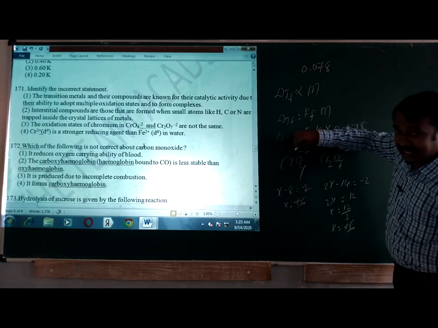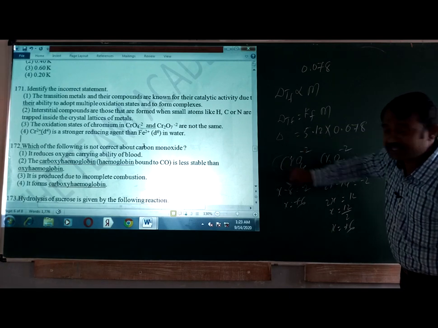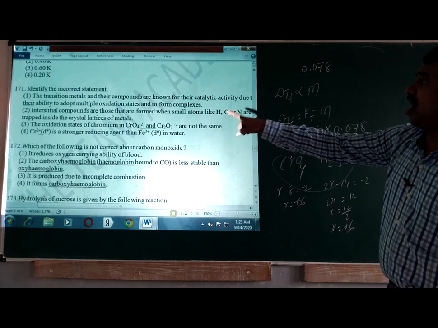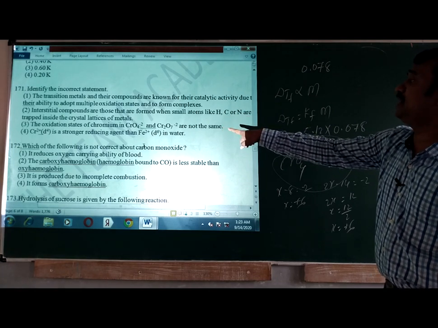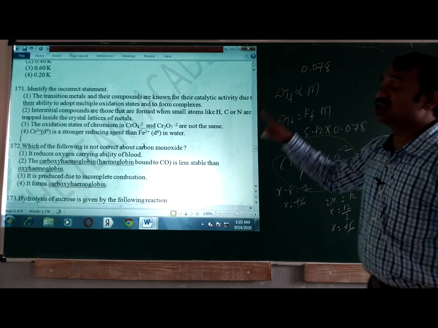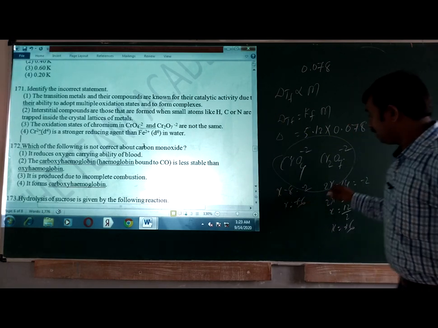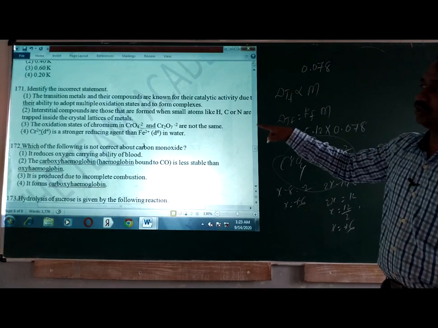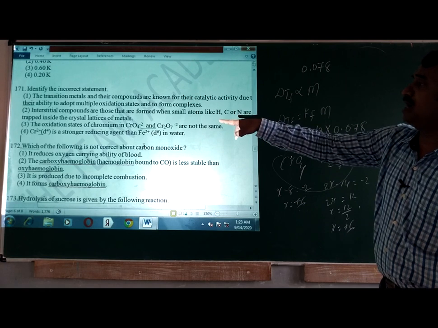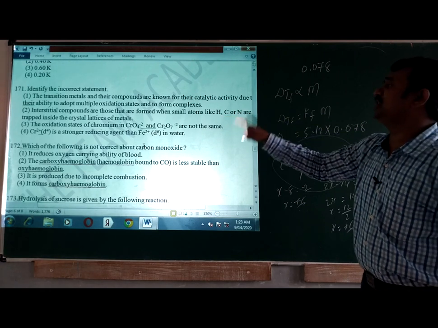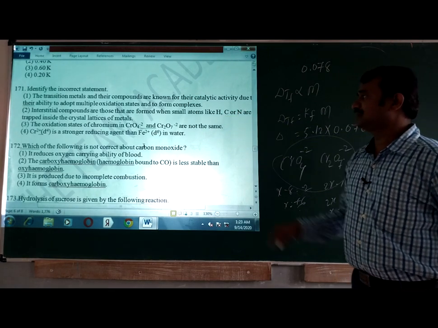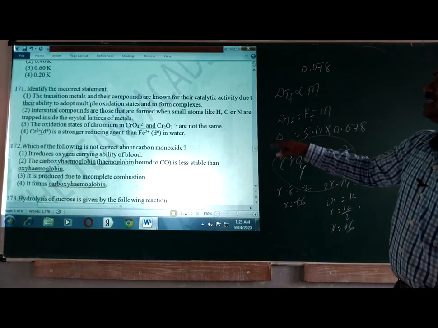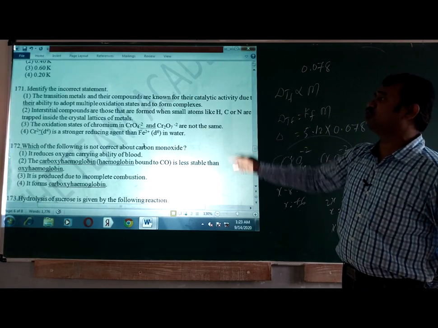Both the chromate and dichromate oxidation states are the same. But they mention the oxidation state of chromium in chromate and dichromate is not the same. Next one, chromium 2 plus d4 is a stronger reducing agent than Fe2 plus d6 in water. That is also correct. Here the incorrect statement is the one about the oxidation state of chromium.